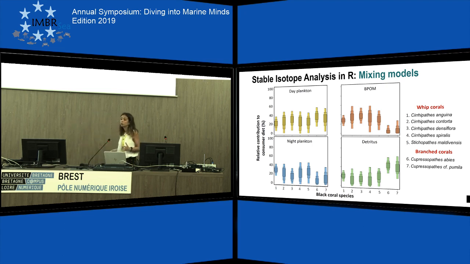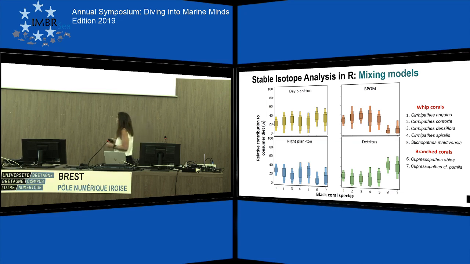The box plots represent, from the darkest color to the lightest color, the 50, 75, and 95 credibility intervals, which correspond to confidence intervals, but in a Bayesian context where these models are built.